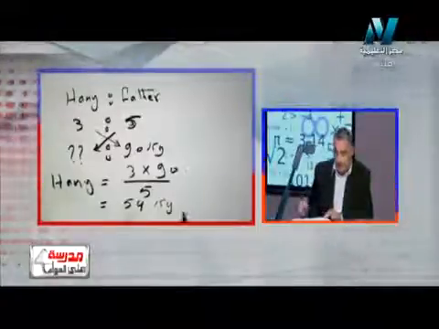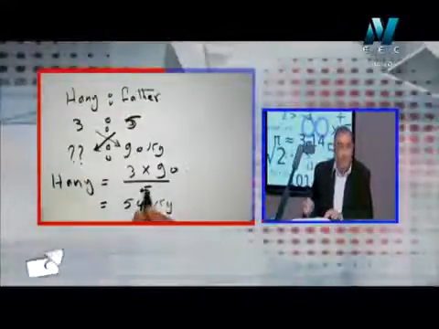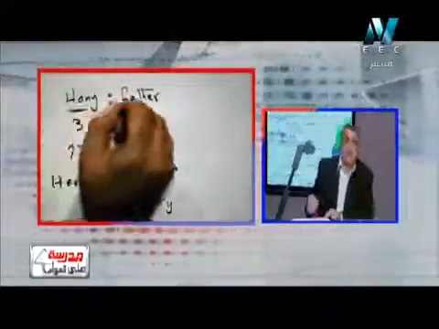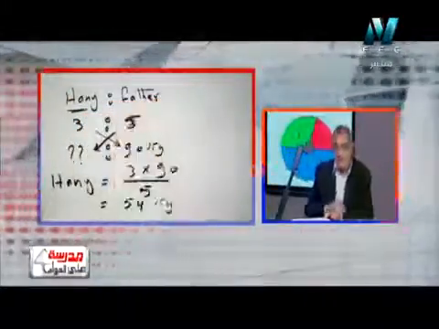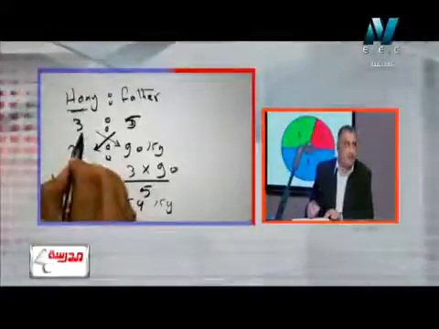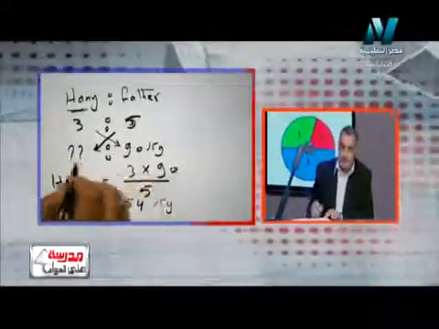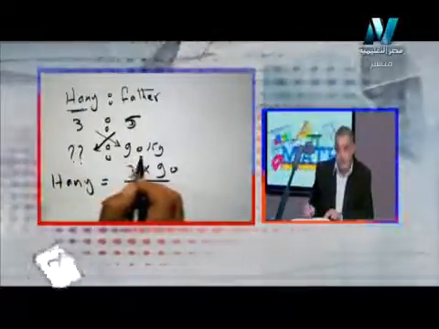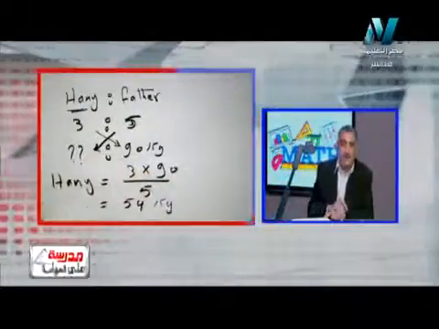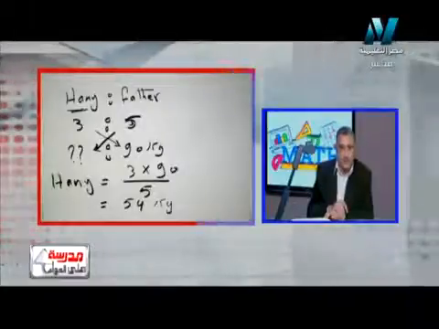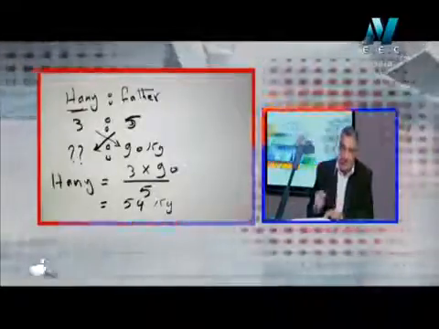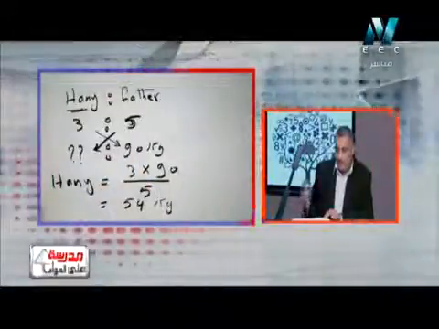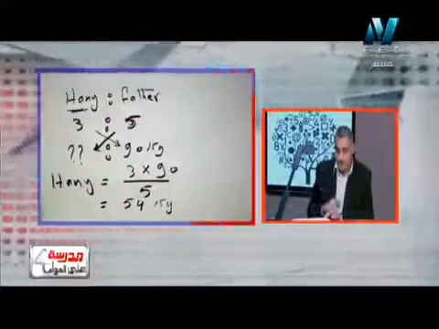3 times 90 over 5. Hani's weight to his father's weight, the ratio 3 to 5. What is the weight of Hani if the weight of his father equals 90 kilograms? Just apply the rule: cross multiply. 3 times 90 over 5, the result will be 54.